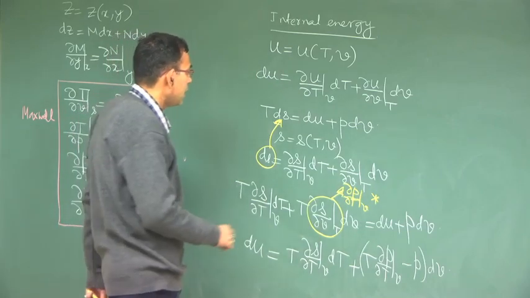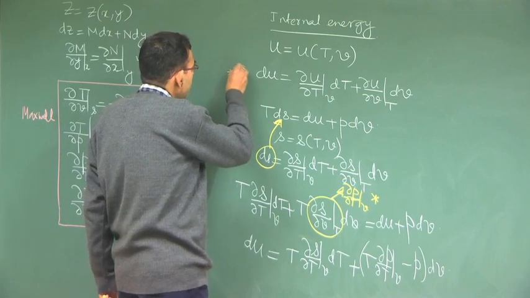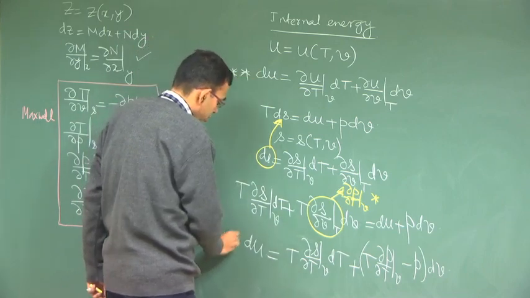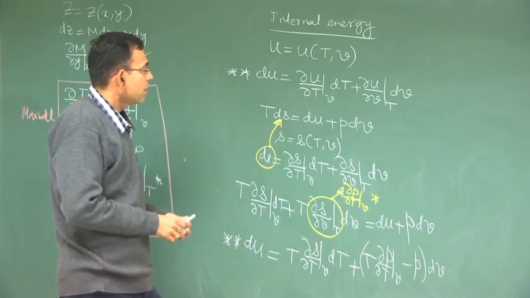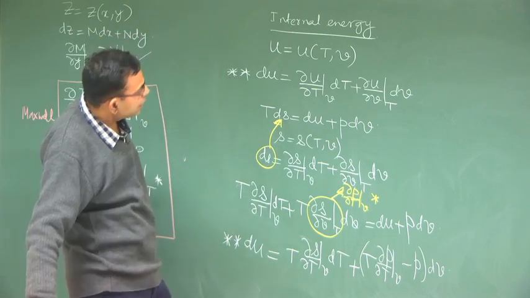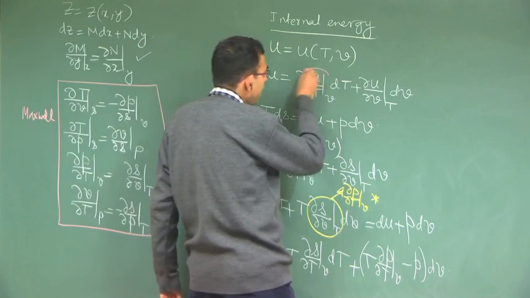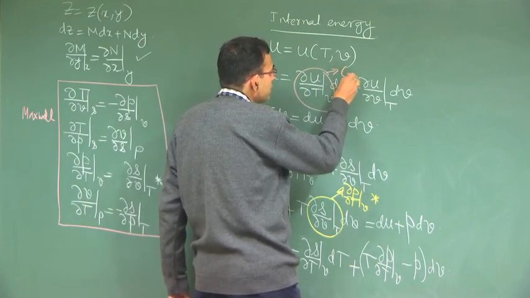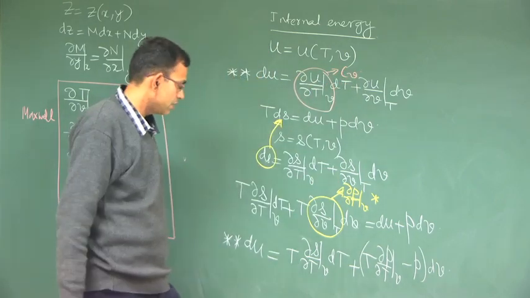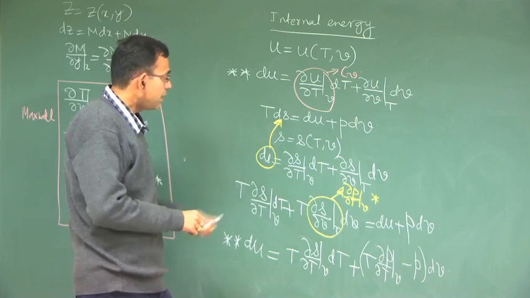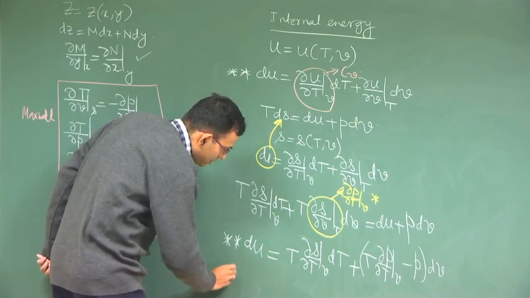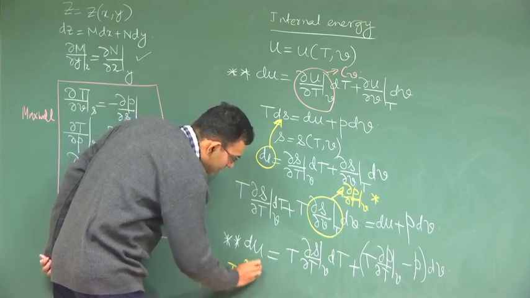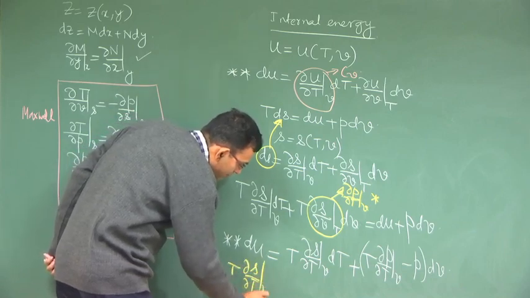So, now compare this equation with this equation, they are essentially the same. Before comparing, this is by definition nothing but CV, right. So, by comparing these two, the first observation that you have is T del S del T at constant V is CV.